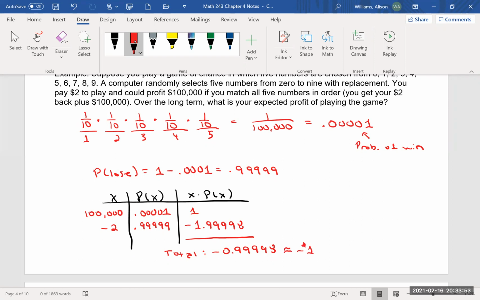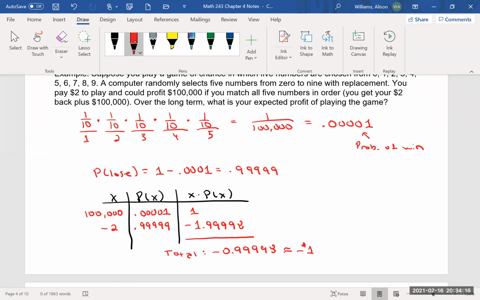That's what that means. If you keep playing this game over and over again, which a lot of people do with the lotto, right? They buy a ton of tickets and then maybe at some point they finally win. It kind of ends up still working against you. Often they keep playing after the fact. So this is what's going to happen if you play this game long term, multiple times over and over again.